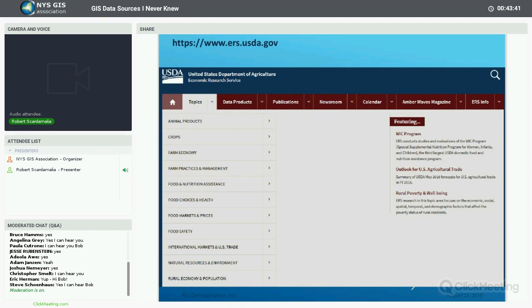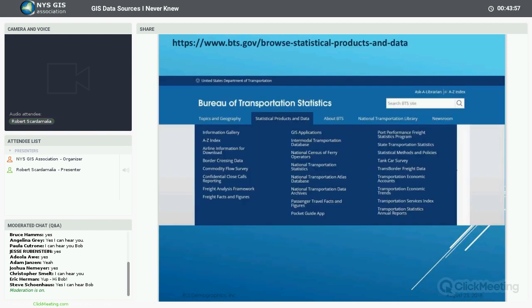The Department of Agriculture, the Economic Research Service, is another huge source of information on agriculture, animal products, crops, farming practices, the whole range of information about agriculture in our country.